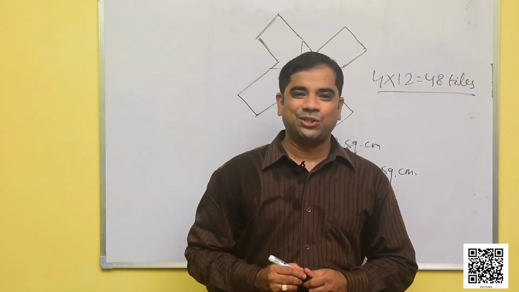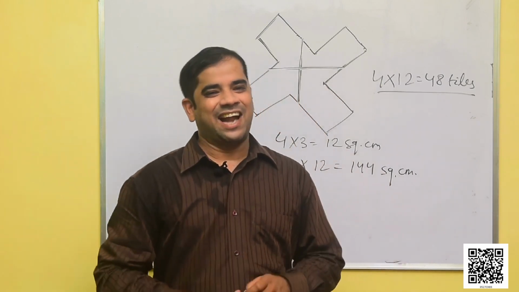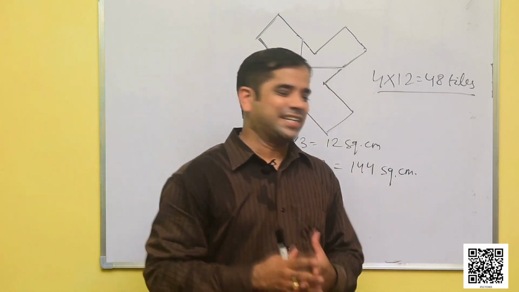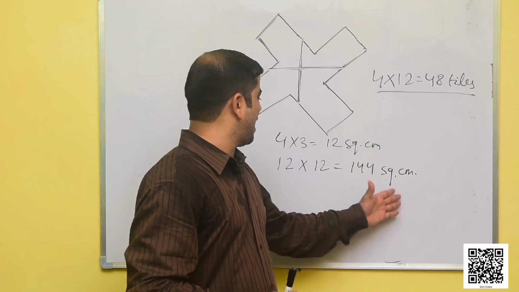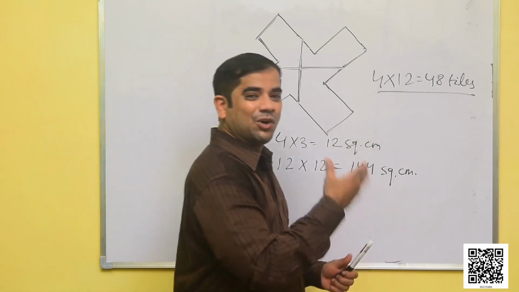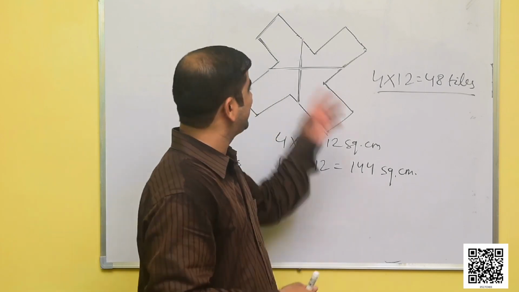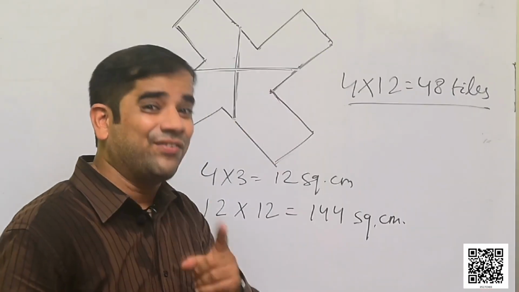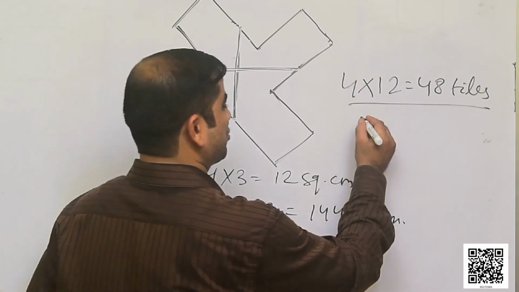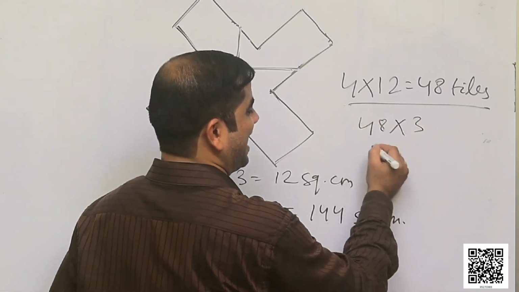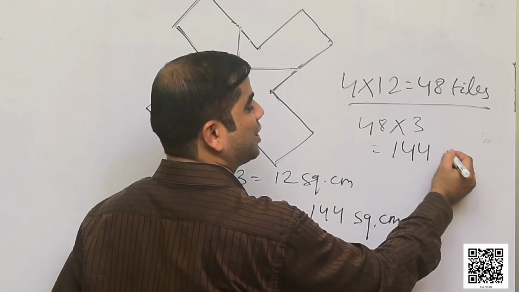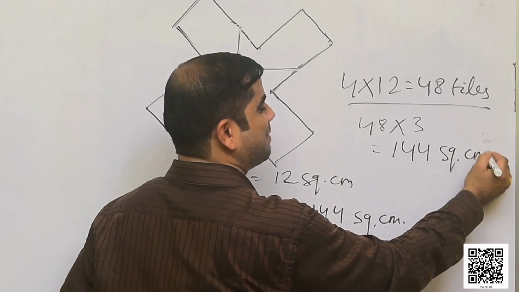So she has used 48 tiles and the total area of the shape is 144 square centimeter. You can do it by yourself. See, we can recheck. How can we recheck? Each tile has an area of 3 square centimeter. So 48 into 3, again it gives us 144 square centimeter.